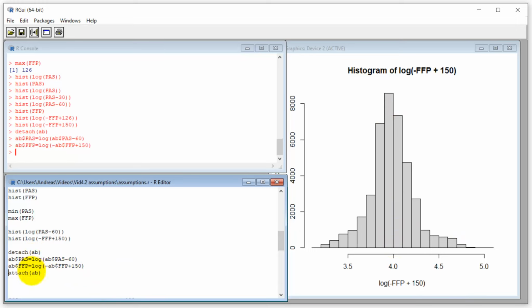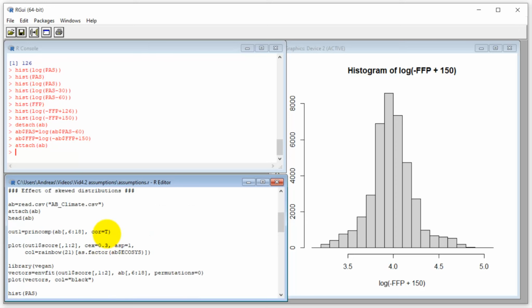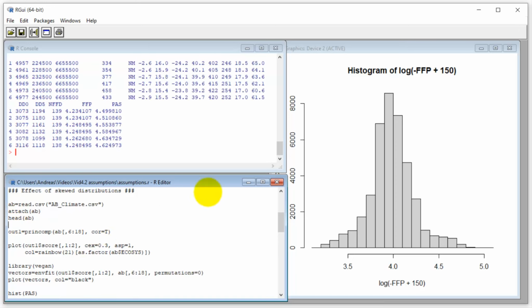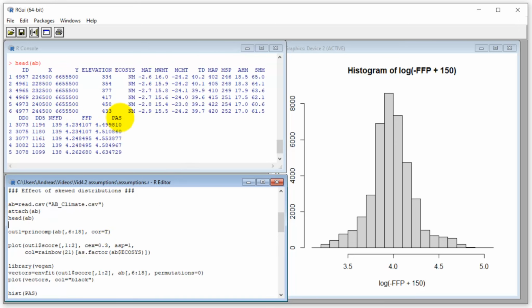So we run those, we attach it again, and then I can go back. So now my frost-free period and precipitation as snow, they are not in original units anymore. So they're not in millimeter or days, but they are transformed into these new axes here with a mean of 4. And I can run my principal component analysis again. But I would have to work my way through all the variables here.